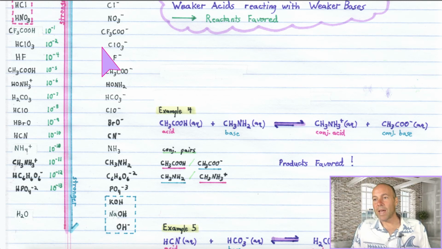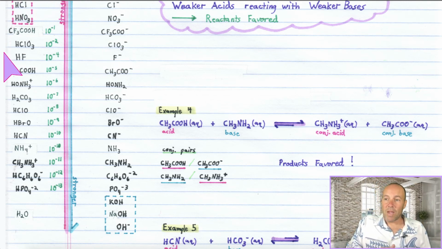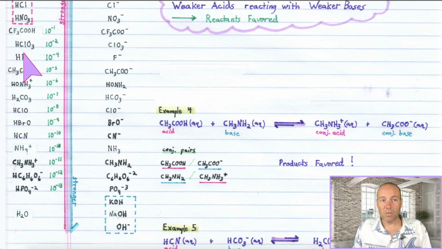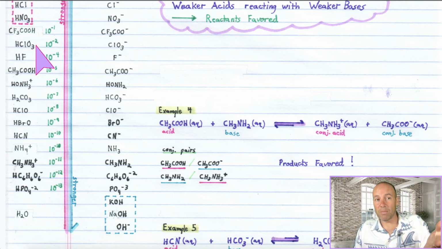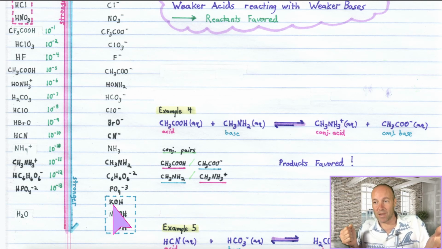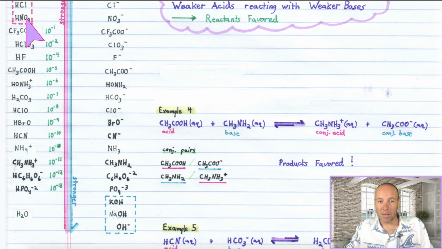So when you do an acid-base reaction, in order to have the reaction proceed to products, you want to combine a substance which really wants to give up a proton with a substance that really wants to take it. So select someone up here with someone down there. If you try to select someone over here with someone over there, it's not going to go to completion.